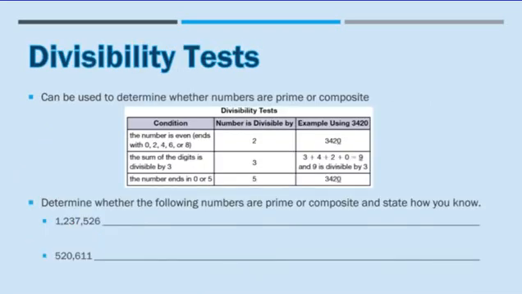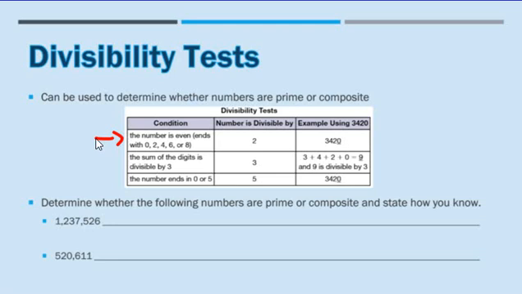And the last one, divisibility tests. You can use these to determine whether numbers are prime or composite. You can see in this table, the condition is that the number is even, meaning it ends in 0, 2, 4, 6, or 8. And that means it's divisible by 2, and 2 is a prime number.